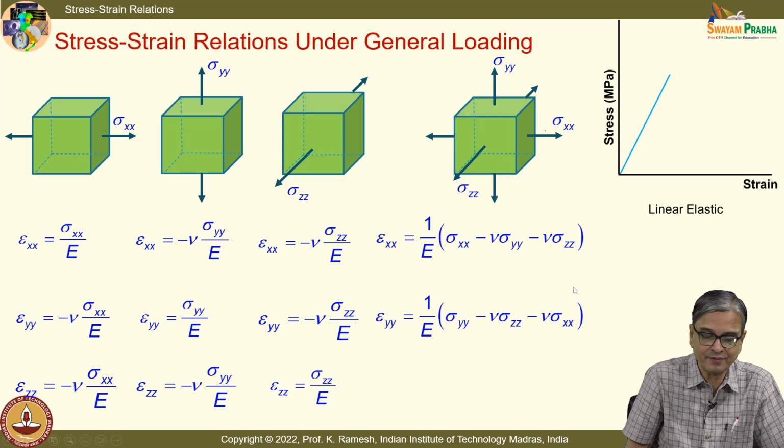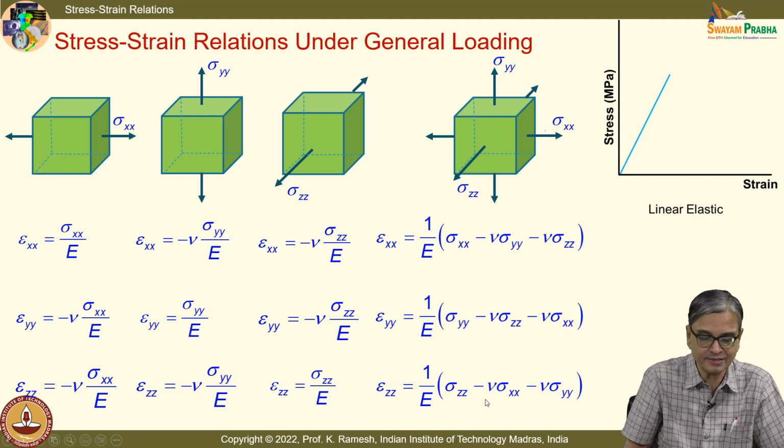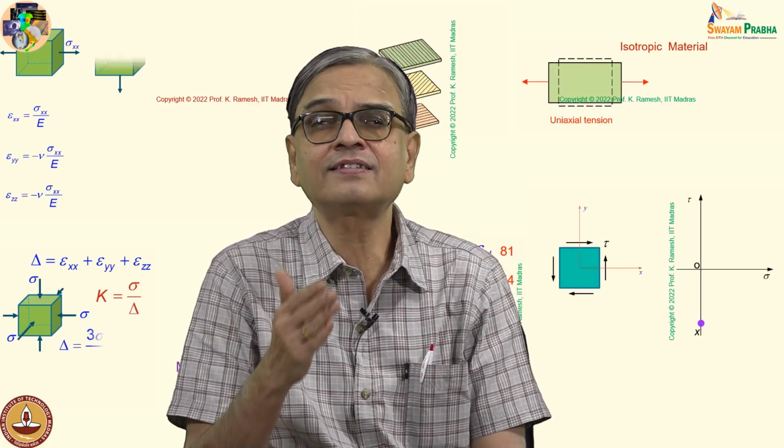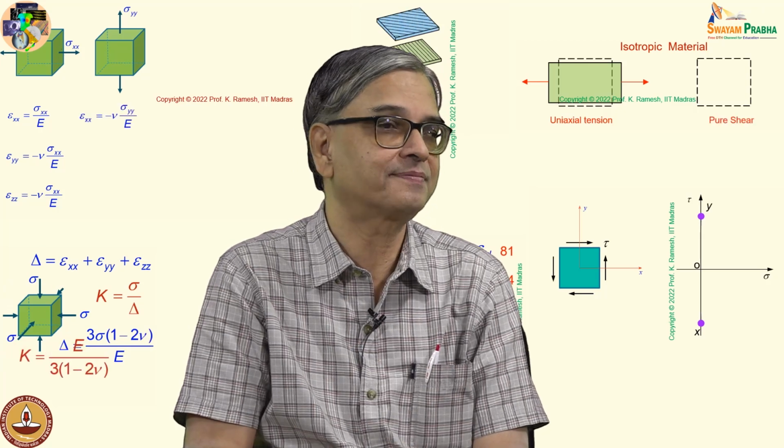And then epsilon yy is 1 by E times sigma yy minus nu times sigma zz minus nu times sigma xx. And epsilon zz is 1 by E times sigma zz minus nu times sigma xx minus nu times sigma yy. See, strength of materials is a course you will always have to fall back on experiments.